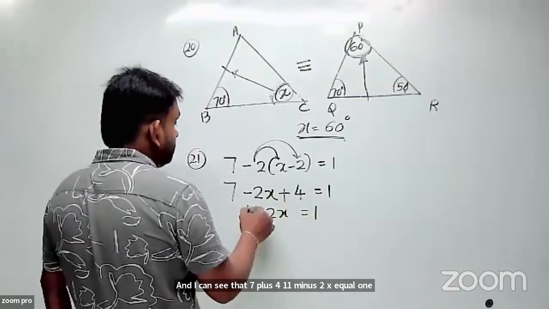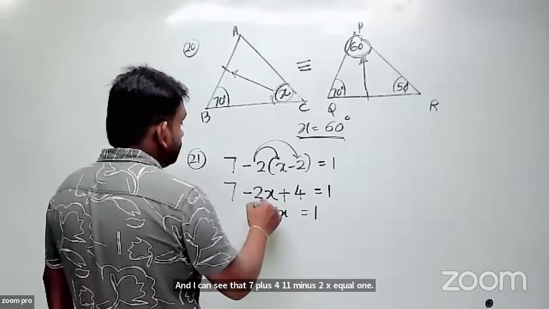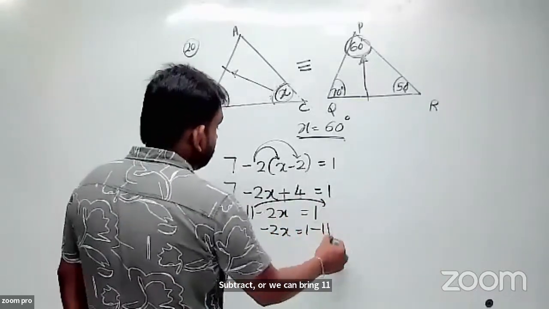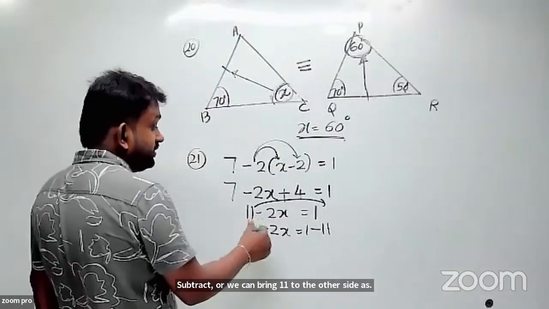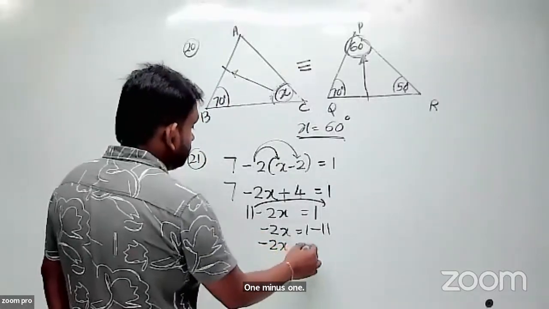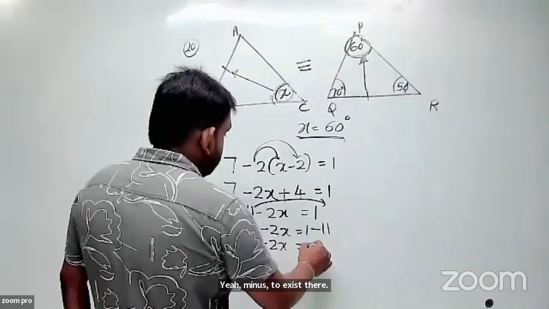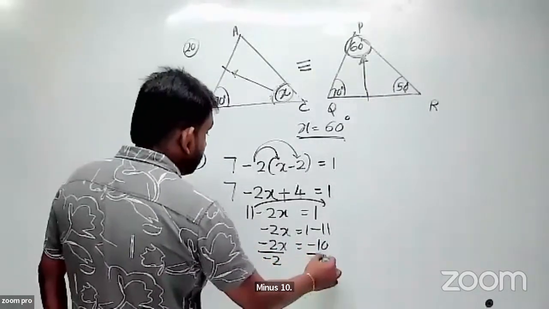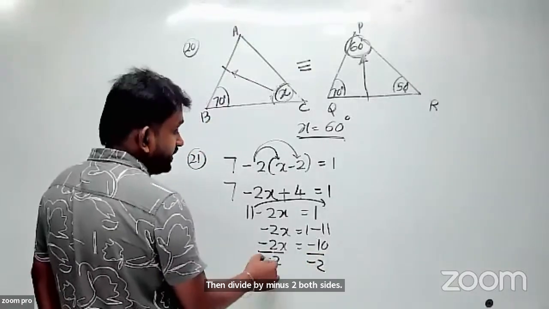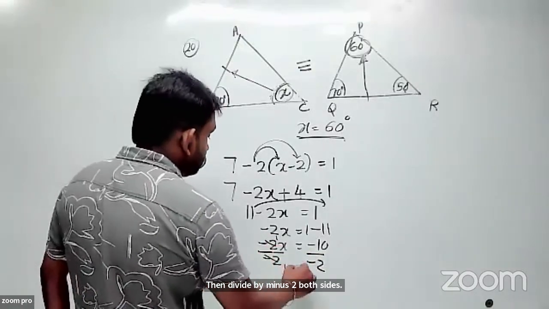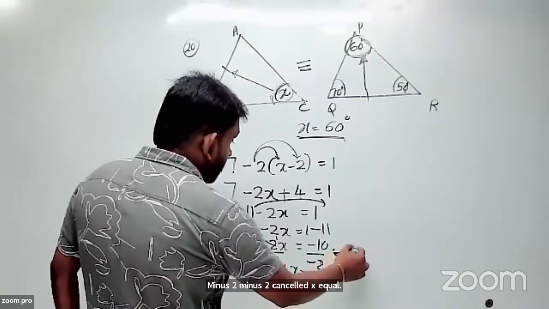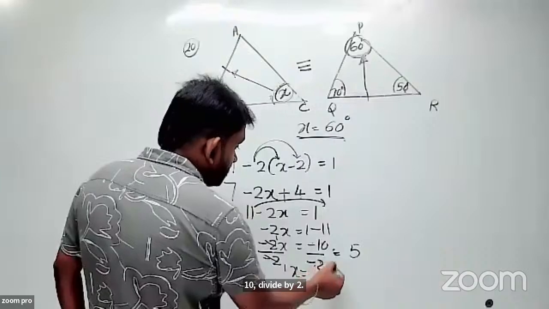Then we can bring 11 to the other side as 1 minus 11. Here minus 2x is there. Minus 2x equals 1 minus 11, which means minus 10. Then divide by minus 2 on both sides, because minus 2x is there. Minus 2 cancelled, x equals 10 divided by 2, 5, and minus divided by minus is plus.